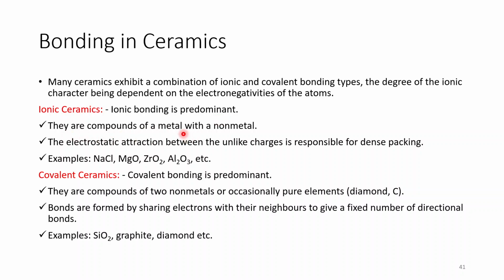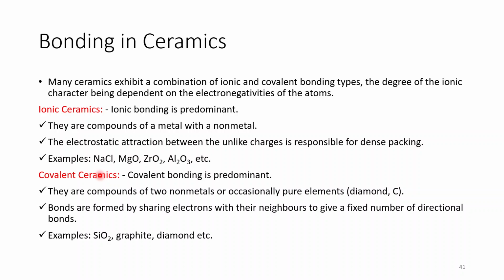They are compounds of a metal and a non-metal, and the electrostatic attraction between the unlike charges is responsible for dense packing. Examples include NaCl, MgO, zirconium oxide and alumina, etc.